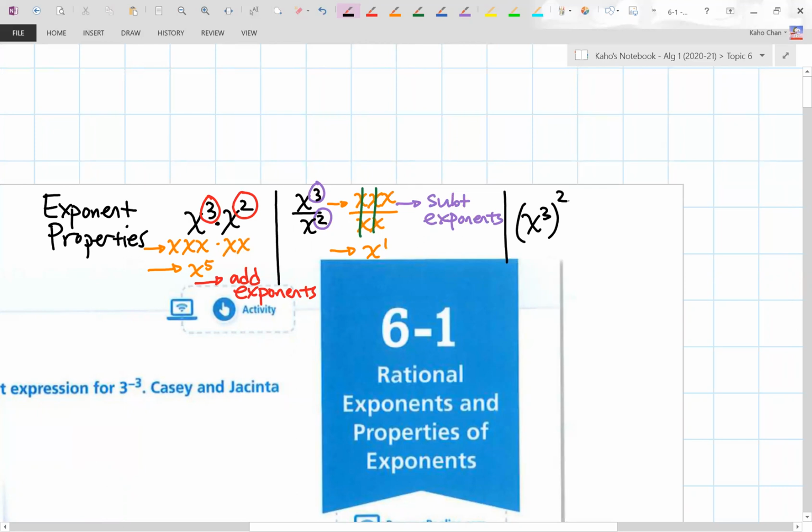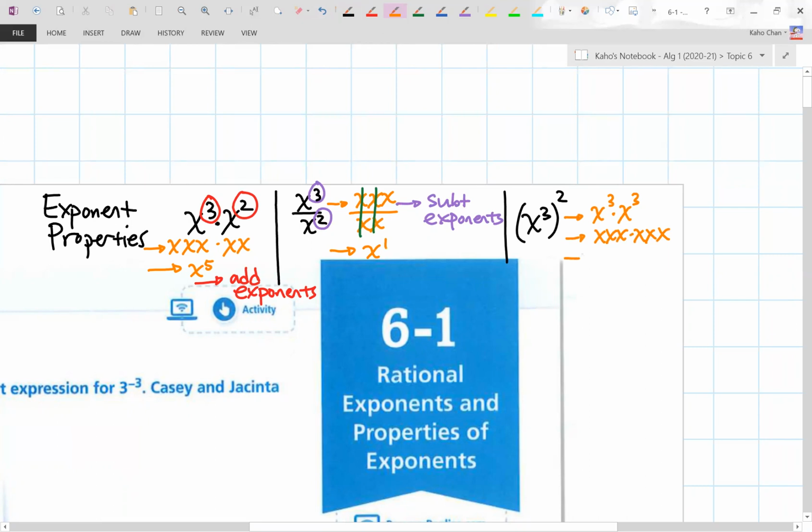Now, x to the third squared is called a power of a power. And this is where you literally wrote it out like this. X to the third times x to the third, and that becomes x times x times x times x times x times x.